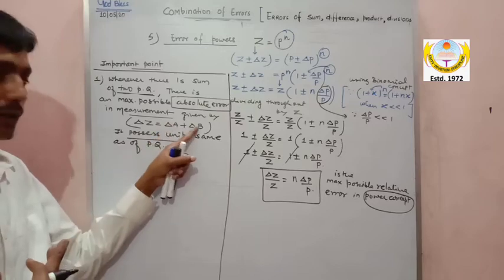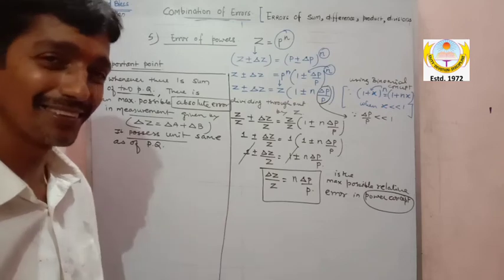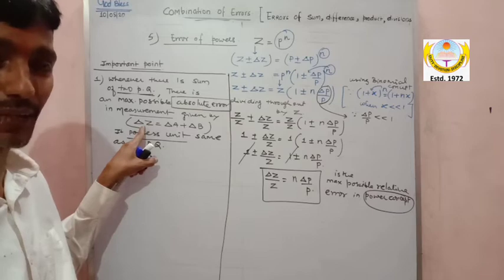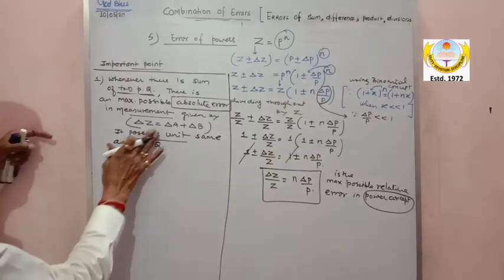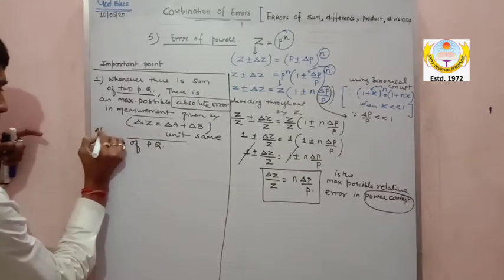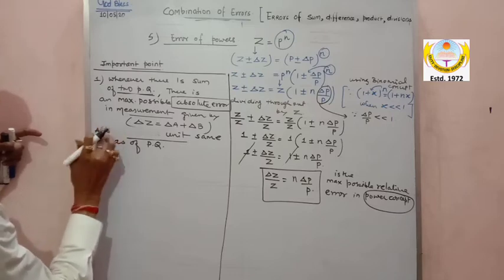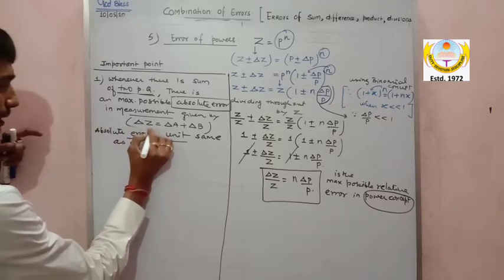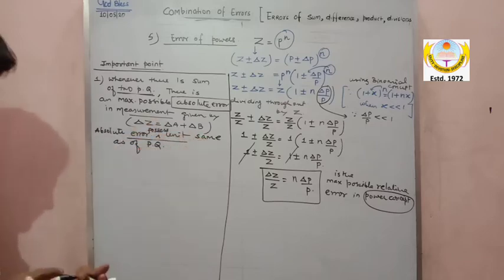If it is in ohm, the absolute error which is calculated is also in ohms. If it is in degree Celsius, the absolute error which is calculated is also in degree Celsius. So that is what absolute error possesses: unit same as the physical quantity. Am I clear, my dear?